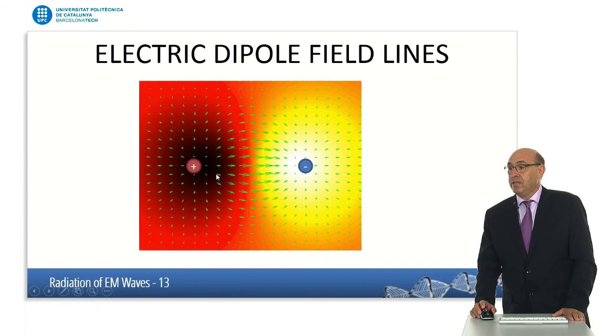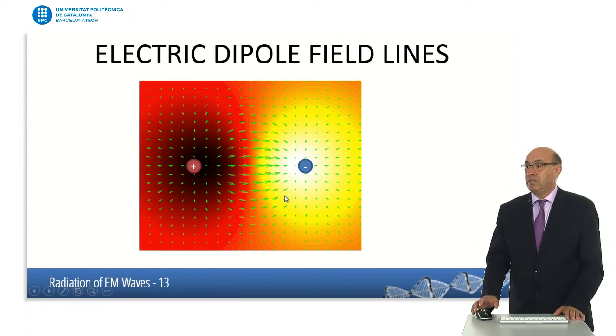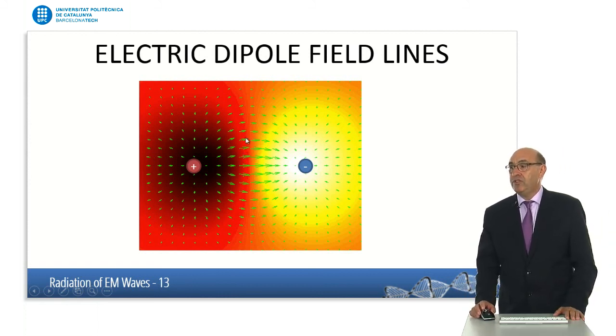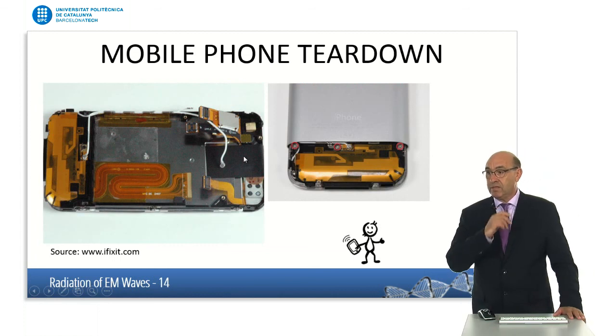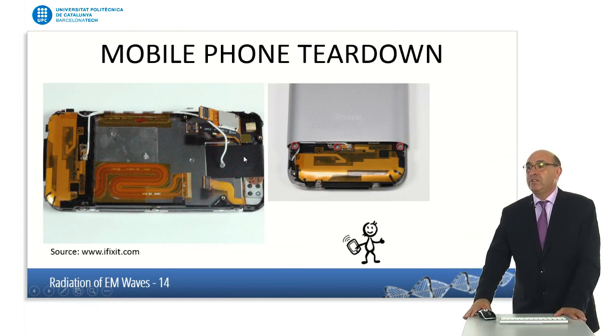For the case of positive charges, those electric fields are leaving the charge, while for the negative one, they are entering into the charge. And this is just a simple plot, but it tells you how the fields are generated in space when you have a charge. And I am going to show you something that we use frequently.